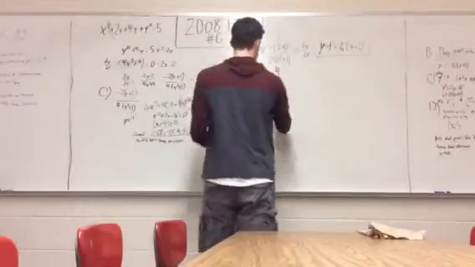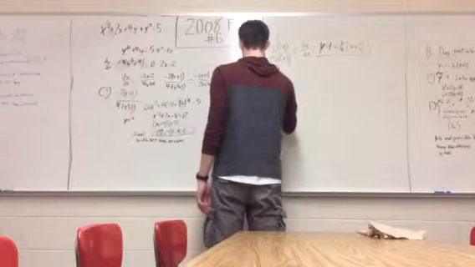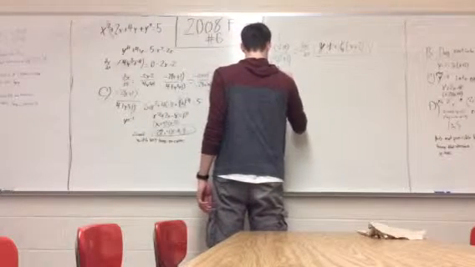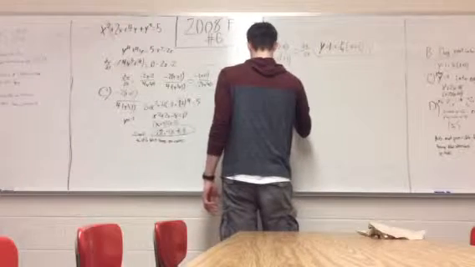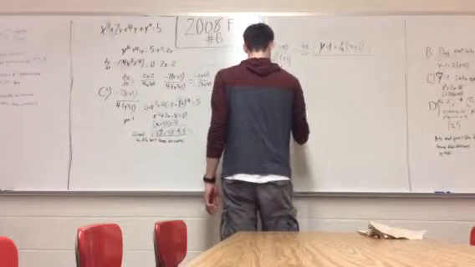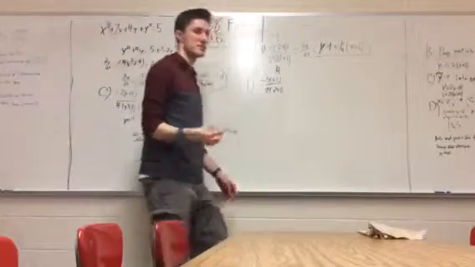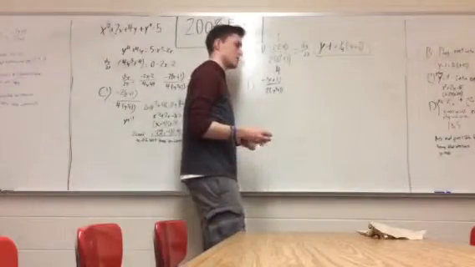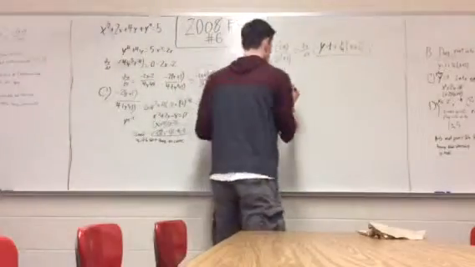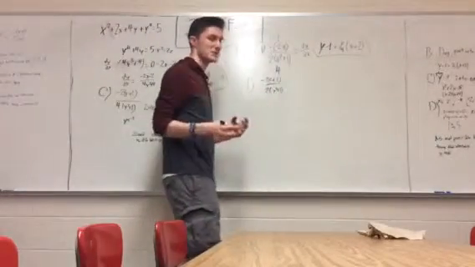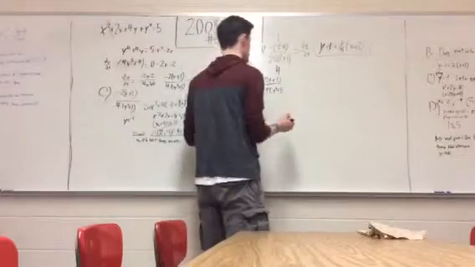So we take our dy/dx, negative (x plus 1) over 2 times (y cubed plus 1). The numerator has to equal 0, so x equals negative 1. And we already know that y equals 0 because it intersects the x-axis.